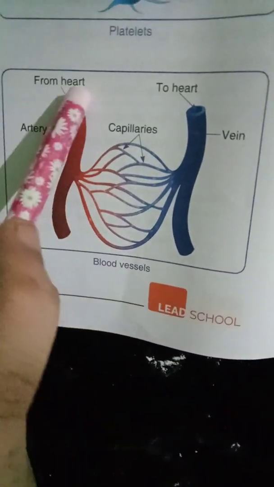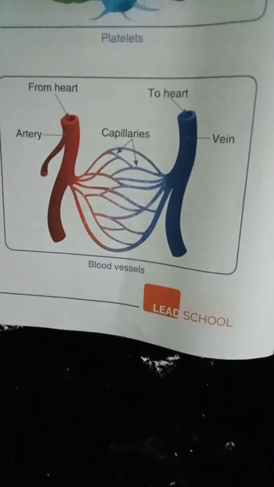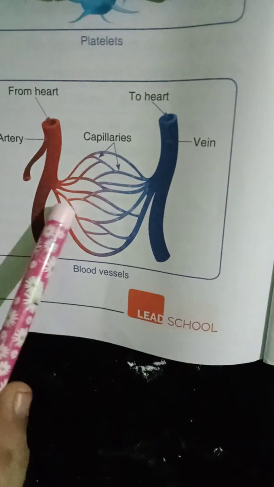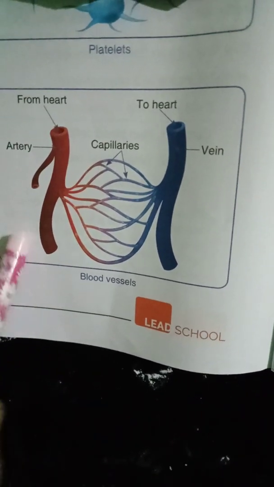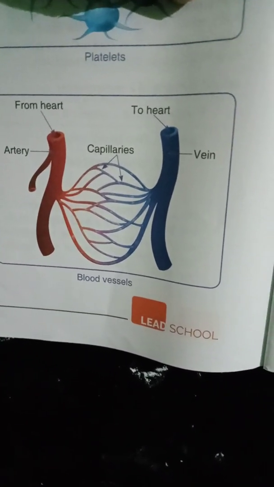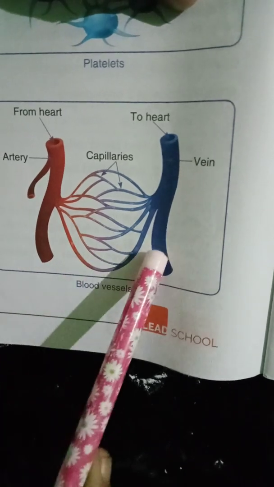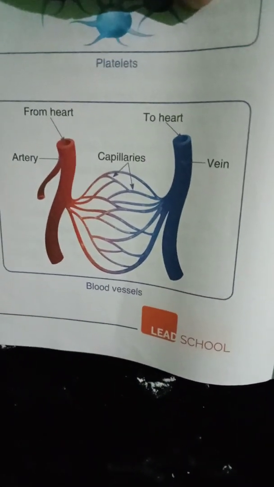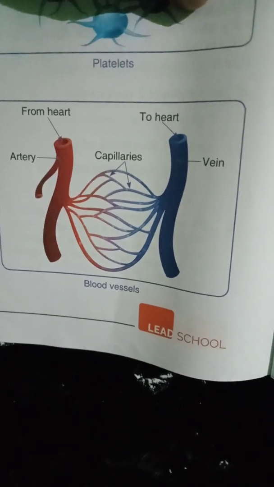The arteries carry blood away from the heart. Okay children, these arteries carry the blood away from our heart. And the veins carry blood from various organs towards the heart.